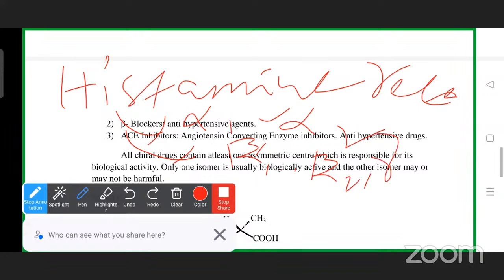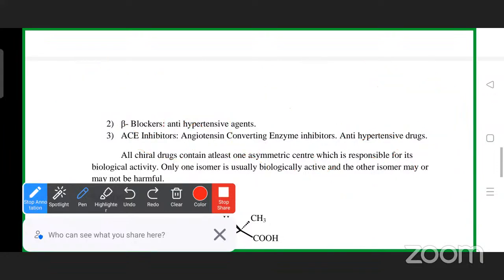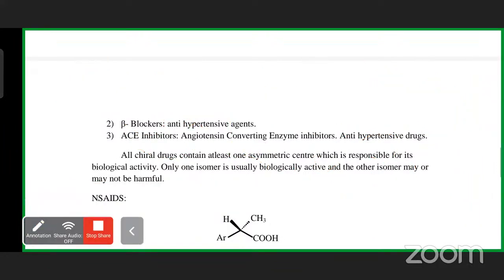So these are five subunits here. The receptor has five subunits. So here the drugs are the ones which are blocking the beta receptor.